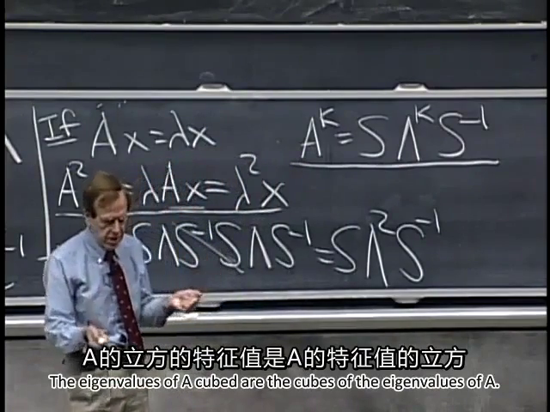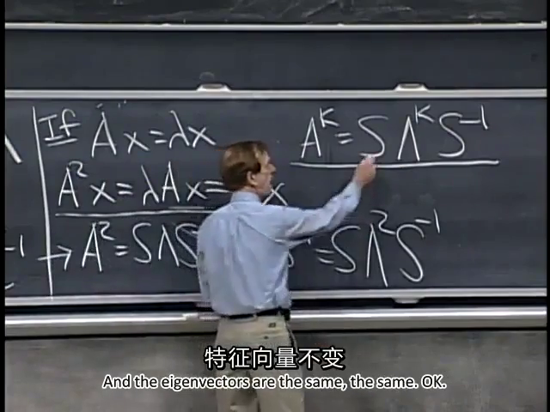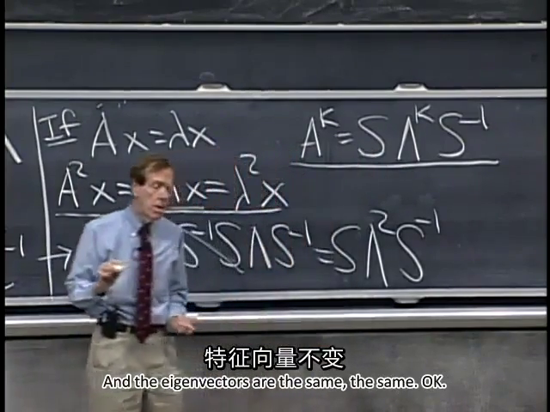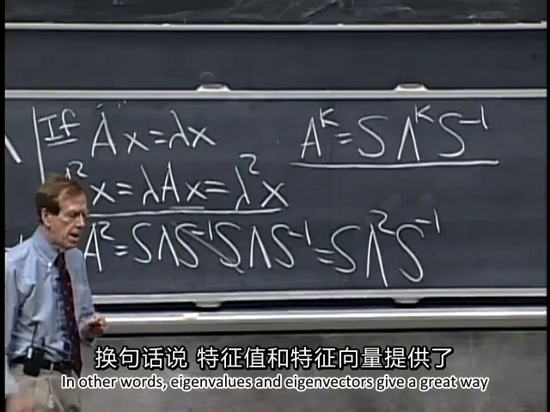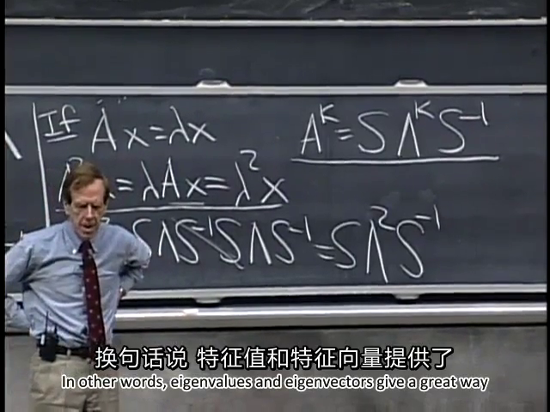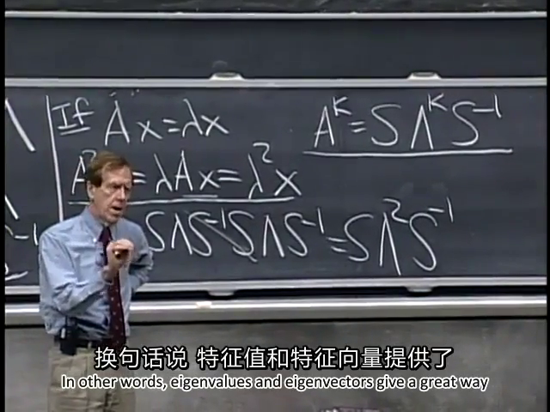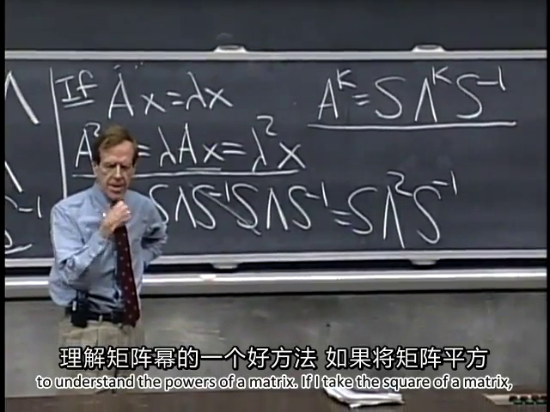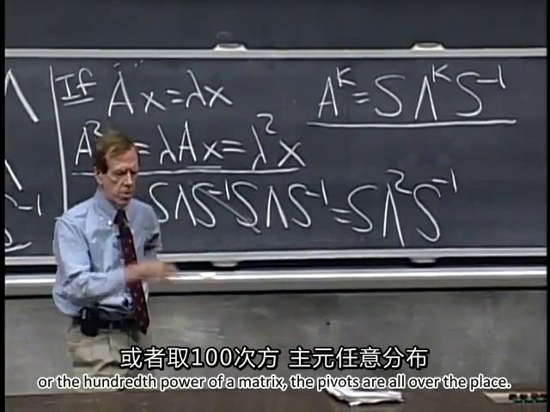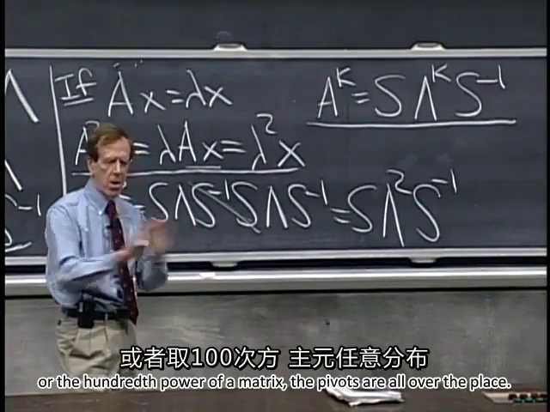The eigenvalues of A cubed are the cubes of the eigenvalues of A, and the eigenvectors are the same. In other words, eigenvalues and eigenvectors give a great way to understand the powers of a matrix. If I take the square of a matrix, or the 100th power of a matrix, the pivots are all over the place.